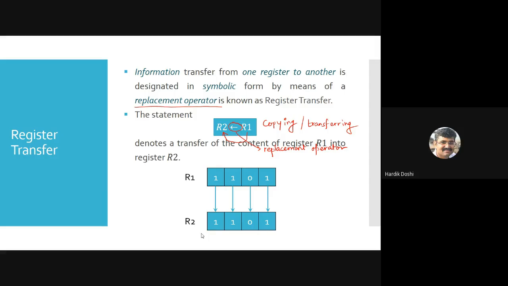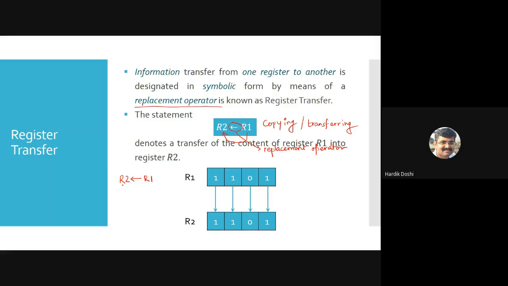Okay, fine. So register transfer. See, now we started with register, then micro operation, then register transfer language. Now we studied register transfer. So can I say we have introduced one notation, R2 arrow R1.